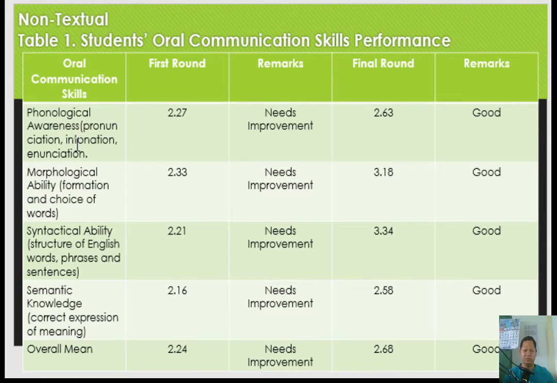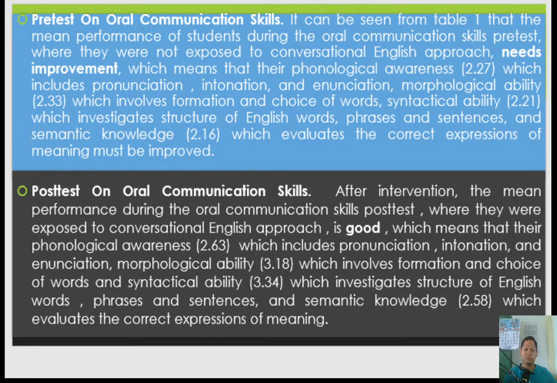Next, this is the textual type of presentation of your results. Here you can just enumerate the means of the criteria of your rubrics. Let's read. Pretest on oral communication skills.